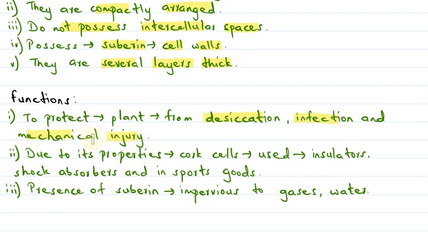Due to the properties of these cells, cork cells are used as insulators, shock absorbers, and in sports goods. The presence of suberin makes the cork cells impervious to gases as well as to water.